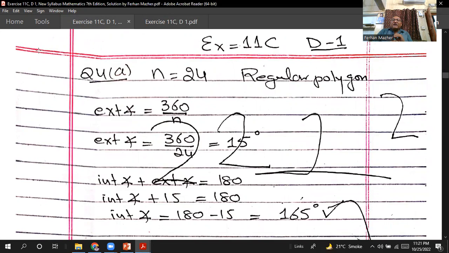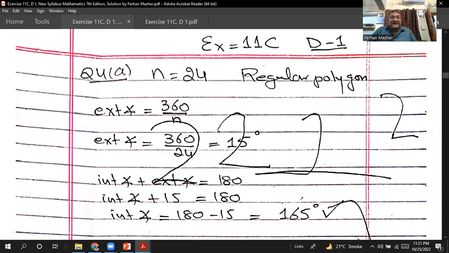Remember that. No matter what is the shape, it's a pentagon, it's a hexagon, it's an octagon, the sum of the external angles is always 360. So if the 24-sided polygon is a regular polygon, all its exterior angles will be equal to each other.